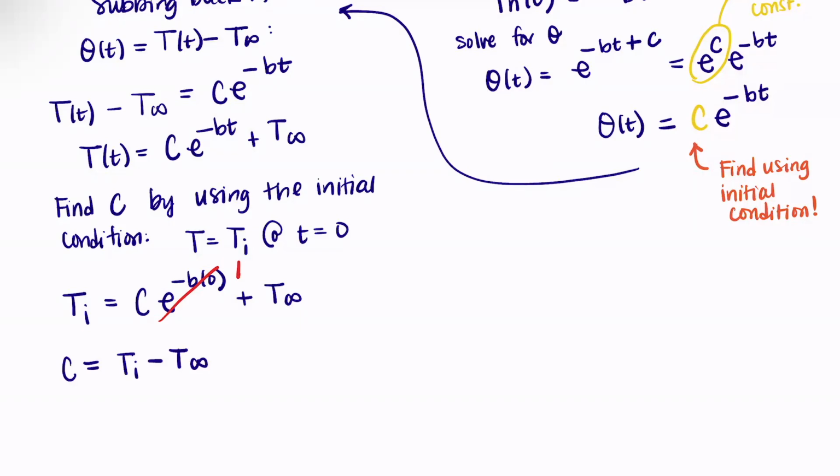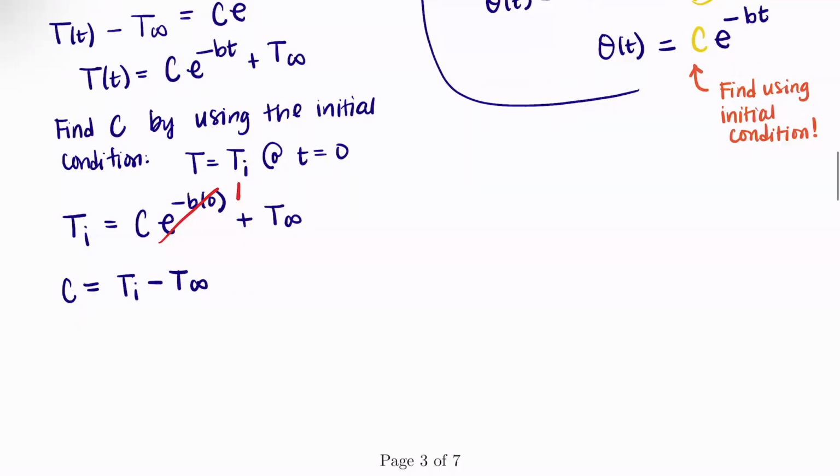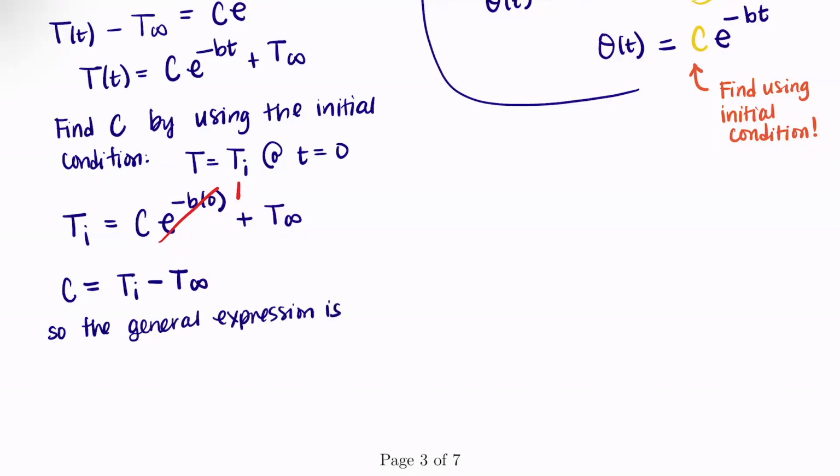Okay, so that means that we can write down our full expression then. So the general expression is the following. We have T is equal to Ti minus T infinity times e, and I'm going to substitute in b as well here.